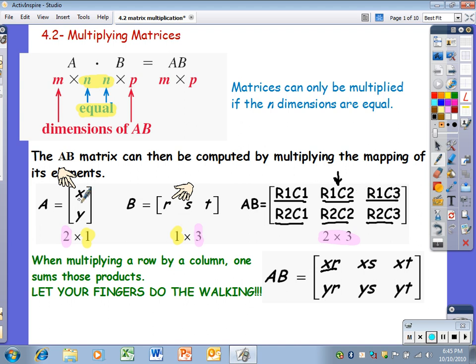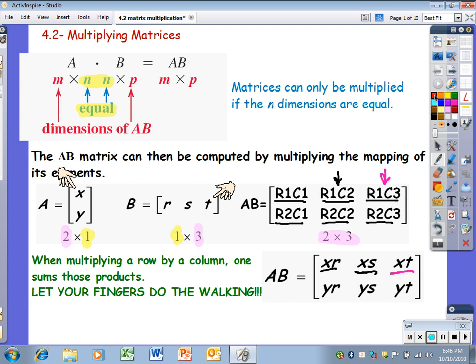So I'm still on row 1, but now I need column 2. So it is X times S. XS would be my next element. To get row 1 times column 3, my hand is still pointing to row 1, but this time to column 3. So I have X times T, which gives me XT.